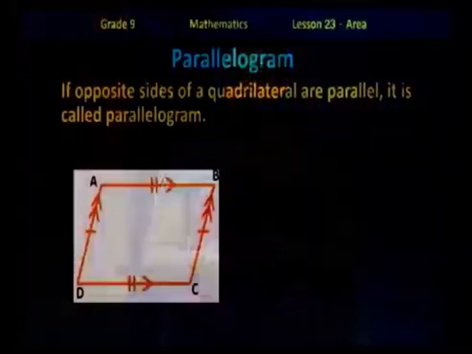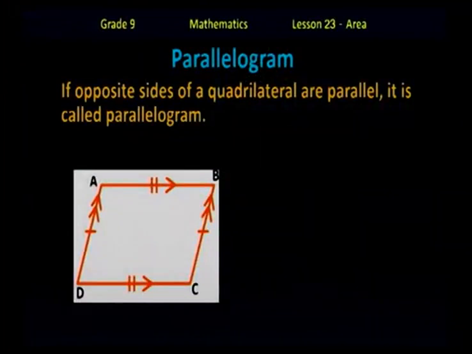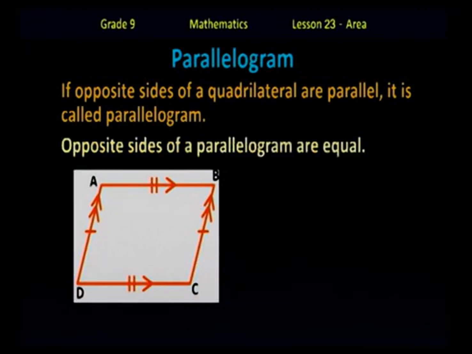Then we are going to find out the area of a parallelogram. What is a parallelogram? You know parallelogram. Opposite sides of a parallelogram are equal, and we can define a parallelogram in this way.